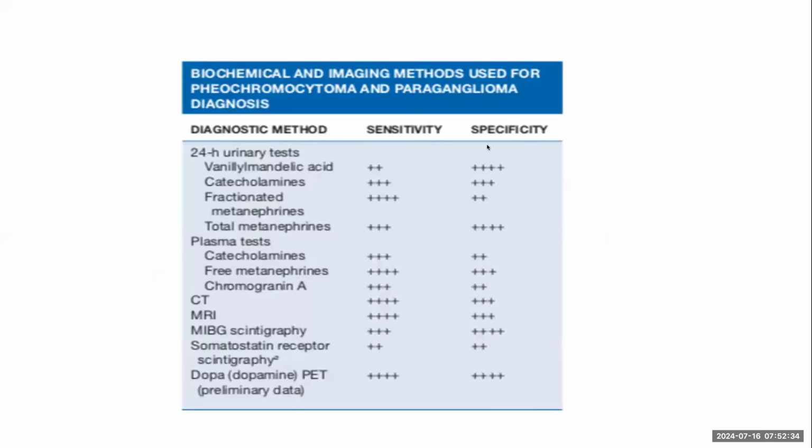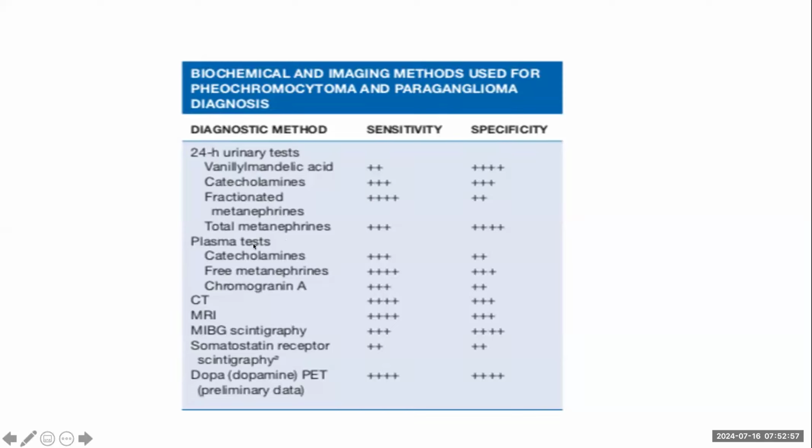So this table is showing the biochemical and imaging methods used for pheochromocytoma, and their sensitivity. So the 24-hour urinary test, we have the VMA, which is highly specific, and then the metanephrine is highly sensitive.